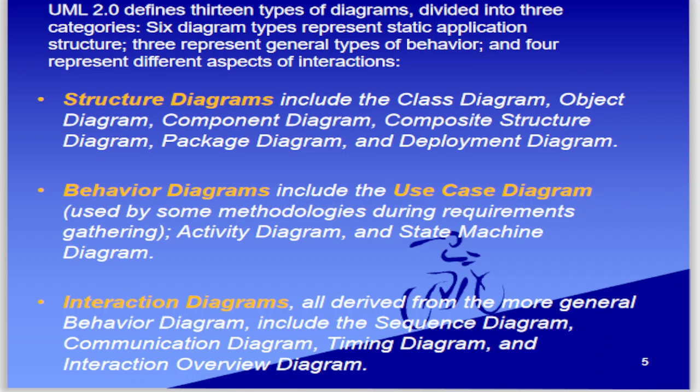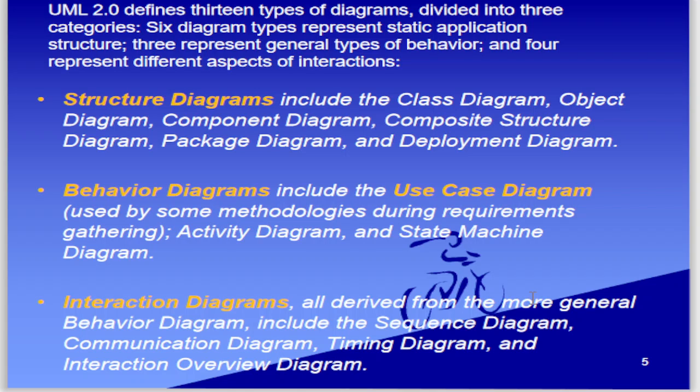In the UML 2.0 version, it defines 13 diagrams divided into 3 categories. 6 diagram types represent static application structure, 3 represent general types of behavior, and 4 represent different aspects of interaction.